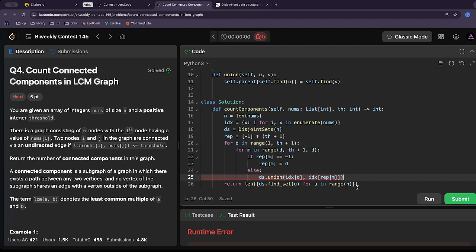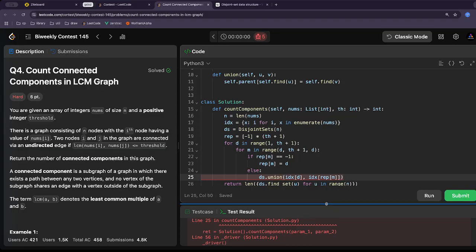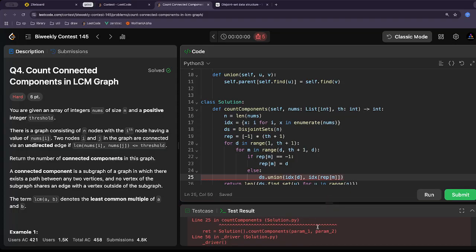What is wrong here? Runtime error. Well, does this make sense?